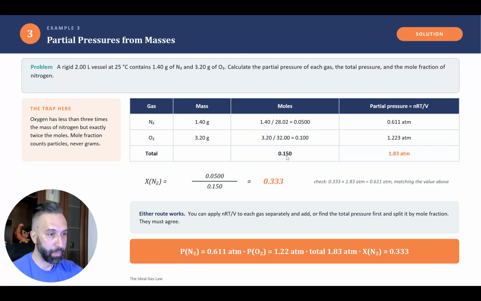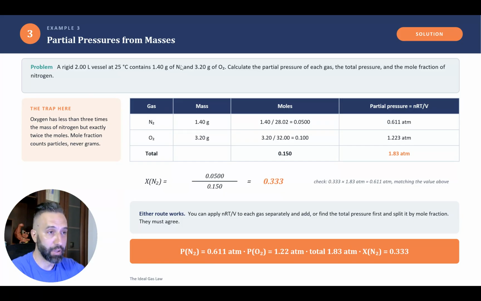And in total, the number of moles is this, and the pressure is 1.83. Now, how do I know this? Well, I can calculate from PV equals nRT. I will calculate the total pressure, right? How will I calculate? Well, I have number of liters. I have here temperature.